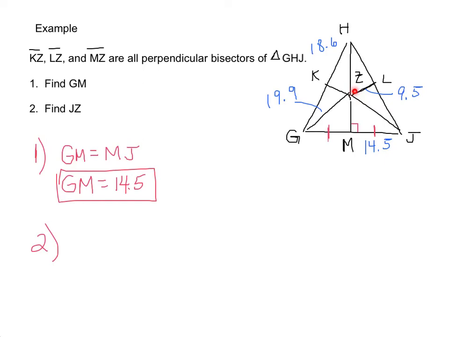What we could do, though, is that we know, well, JZ. It looks like we have LZ, KZ, and MZ. These are all perpendicular bisectors, meaning Z, that middle point, is the circumcenter. Because it's the circumcenter, we use the circumcenter theorem.